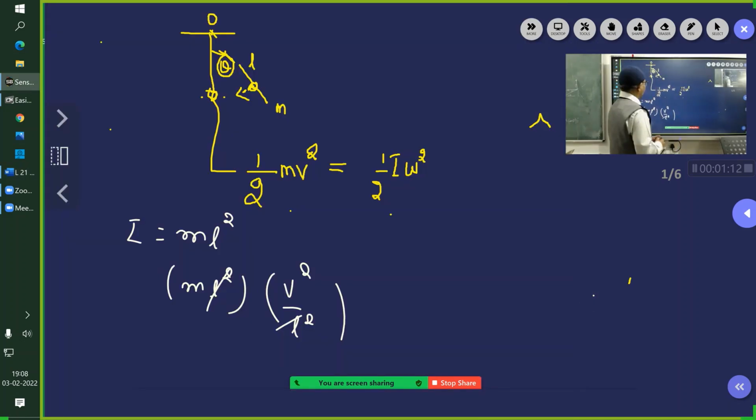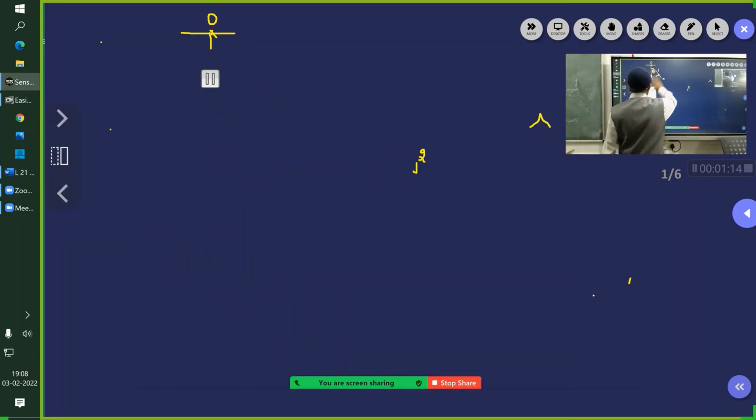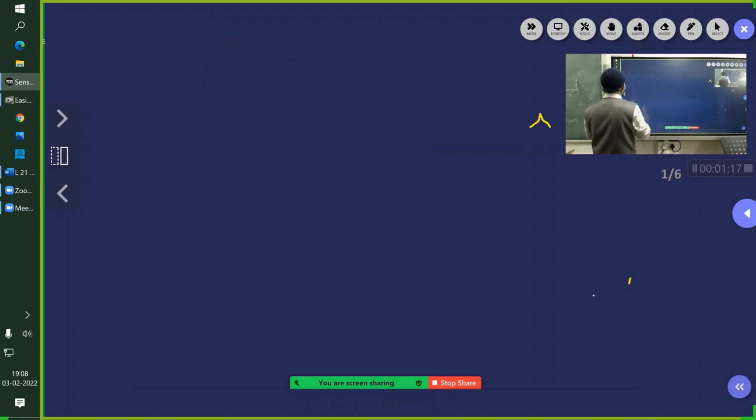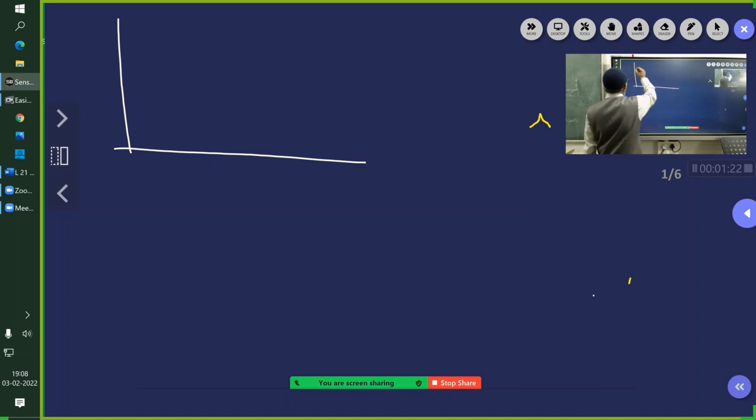So first thing is, whatever condition is given, write that condition. Ladder which is leaning. So, what are the forces acting? One force will be acting like this, and there is friction here, so therefore be frictional force up. And here also there will be frictional force like this, and one more force like this.